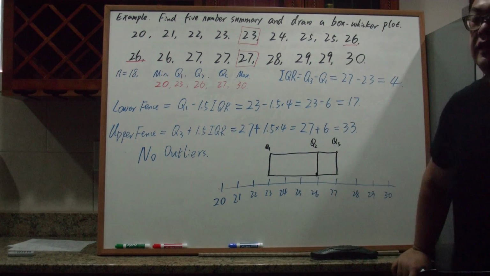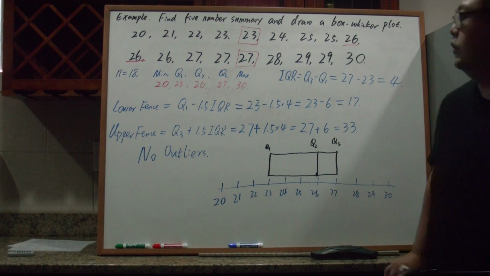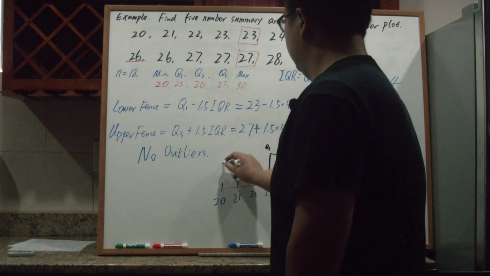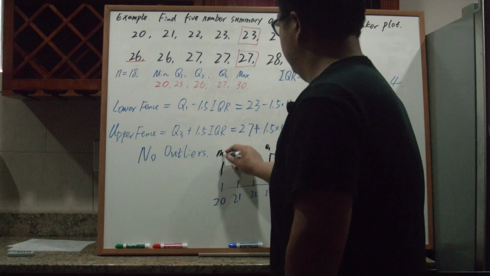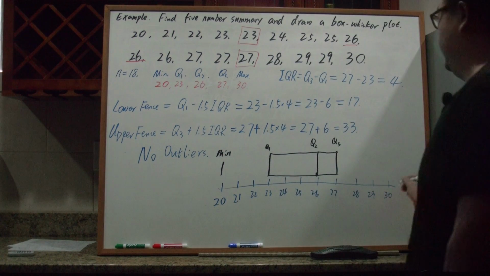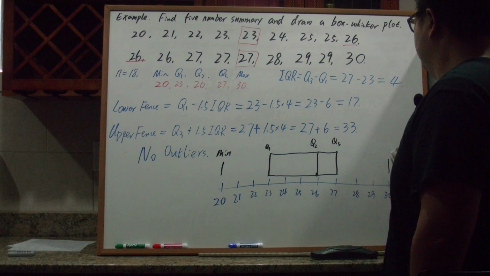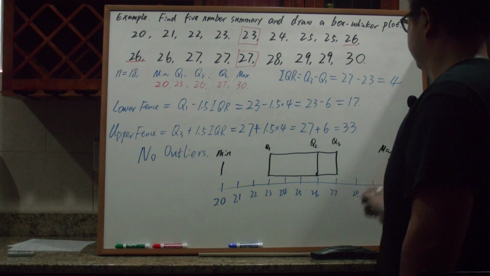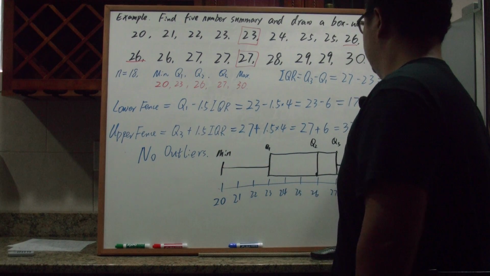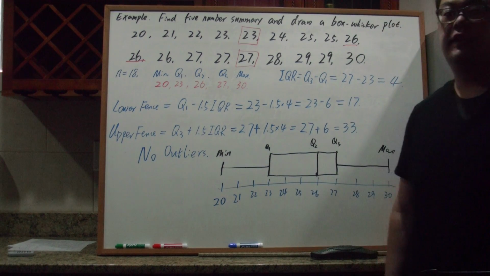Connect them, and that's the middle box. We don't have outliers, so we just use the minimum and maximum as the whiskers. Minimum is 20, maximum is 30, and connect.